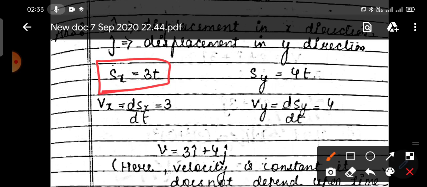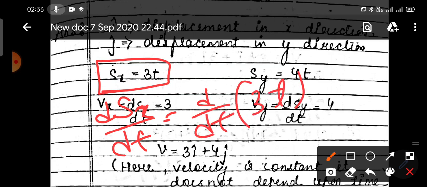So let me write again. This is your displacement in x direction. From here, if you differentiate this one, dsx by dt is equal to d/dt of 3t. Now 3 is a constant, and d/dt of t, the differentiation of t is how much? 1. So from here you can write 3. And ds by dt is velocity in x direction.